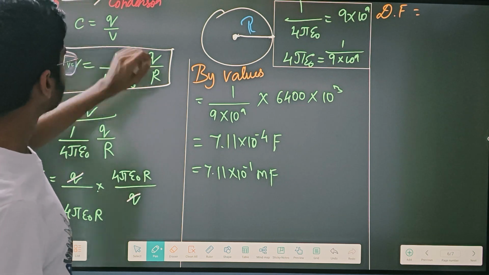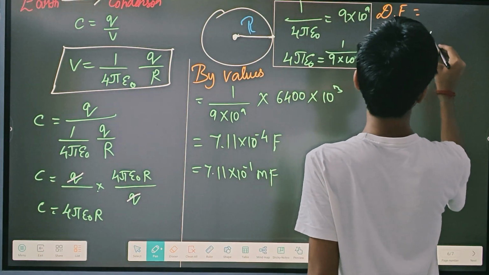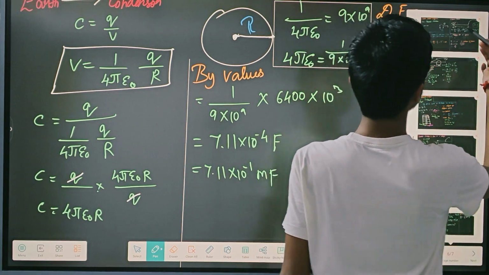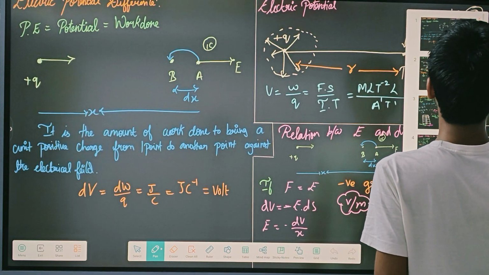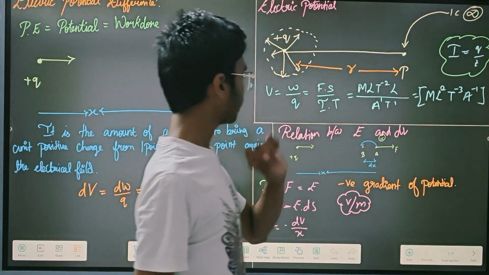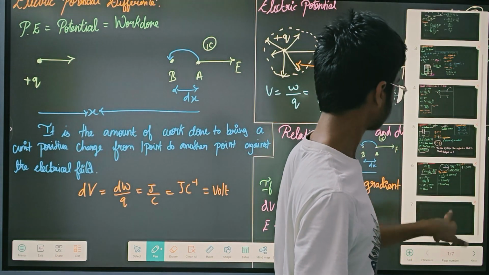We know that C is equal to Q by V. For Q we know that it is A into T. Then for potential, what is it? For potential it is work done by charge. We will calculate again.